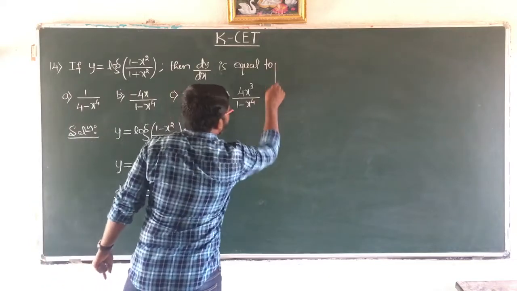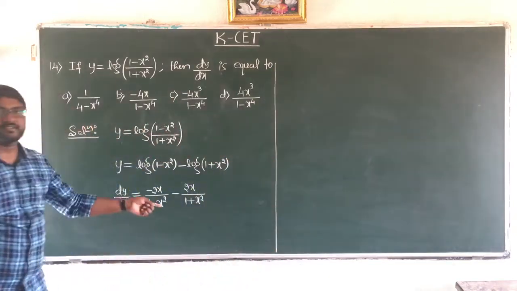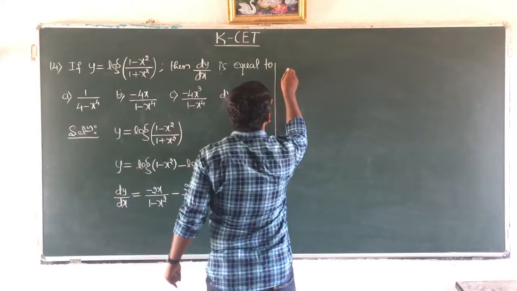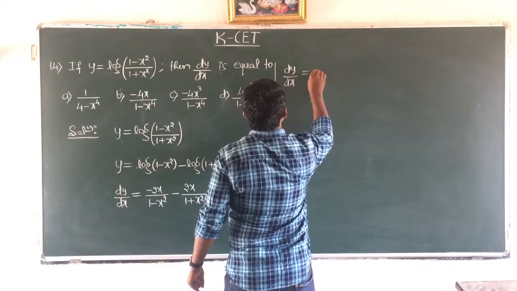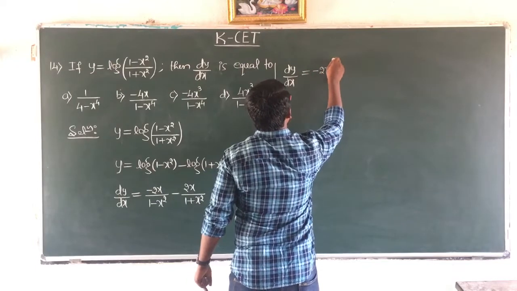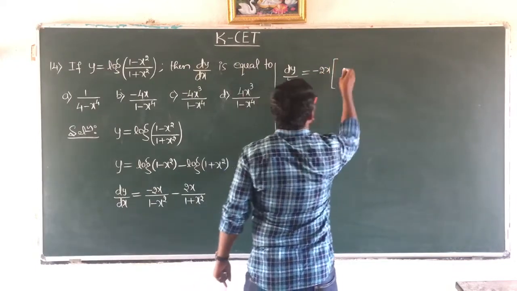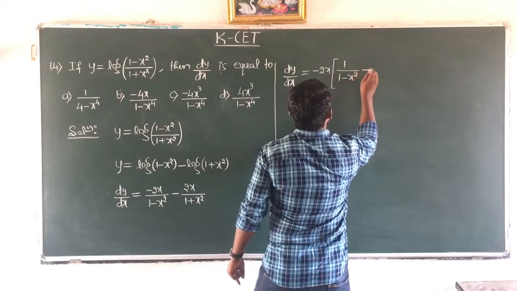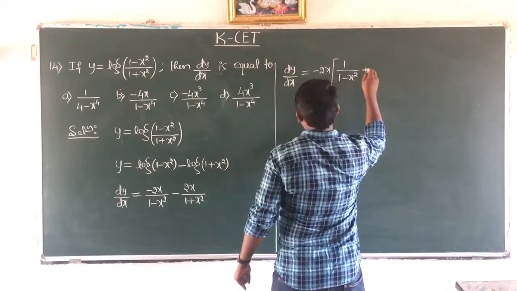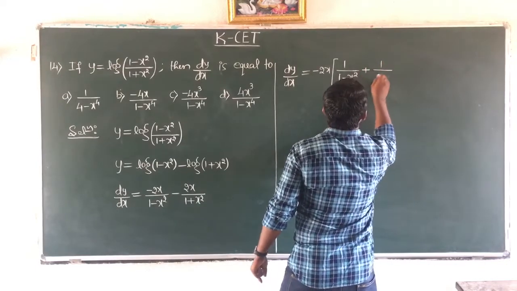Now in the numerator we have 2x as the common term, or minus 2x you can take. So dy by dx is equal to, I take minus 2x outside the bracket, so we are left with 1 divided by (1 minus x square) plus 1 divided by (1 plus x square).